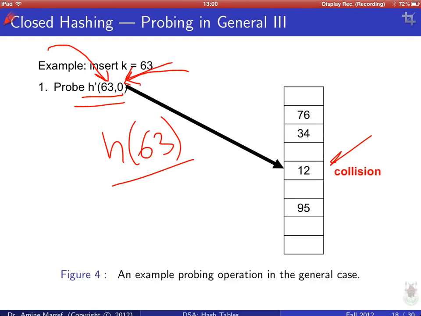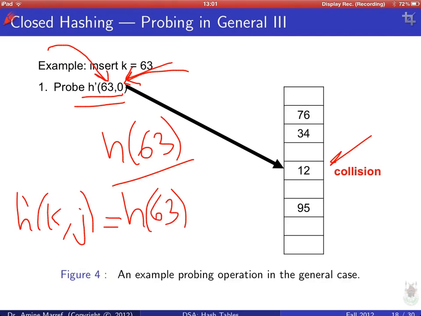Okay. More precisely, how it works is we have h of key and step number equals the hash function plus a function of the step number. So what happens in this case is the initial step number of the probing sequence here is 0.